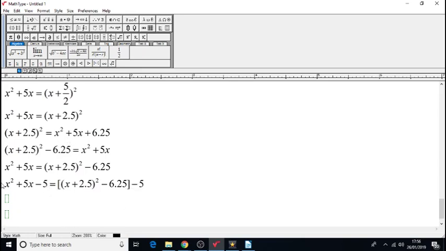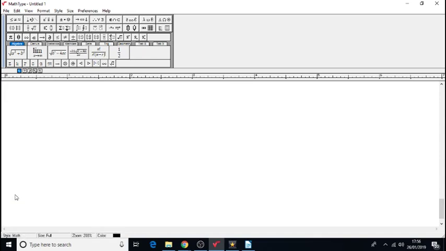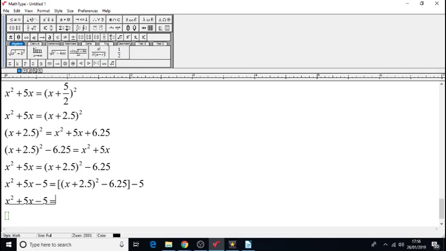So now we've got x squared plus 5x minus 5 is equal to (x plus 2.5) squared minus 6.25 minus 5, which is equal to minus 11.25.